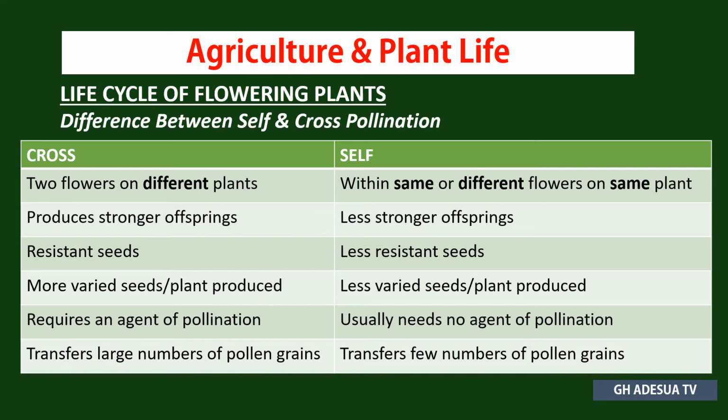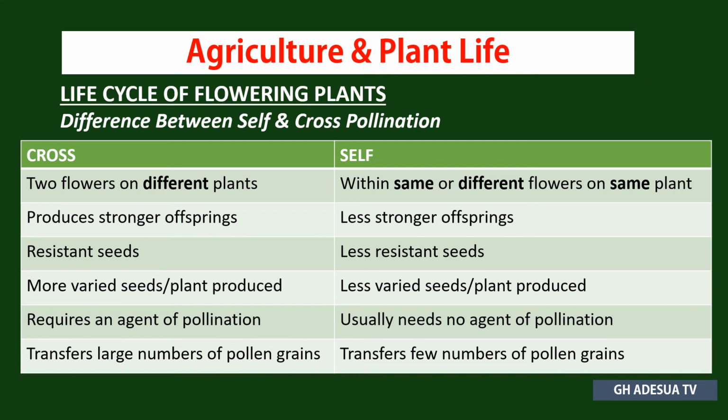Then for the last point, cross-pollination transfers a large number of pollen grains because it is systematic. It is not mixed up. It has a large number of pollen grains needed for cross-pollination to take place.